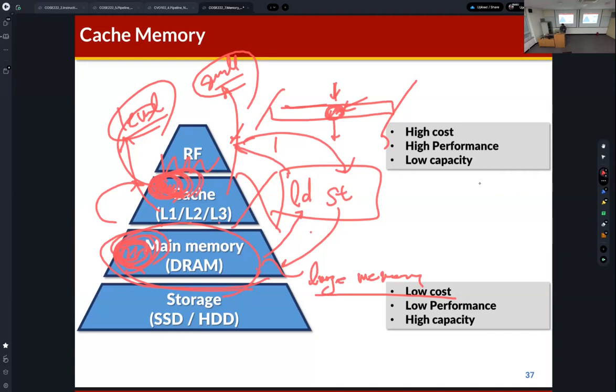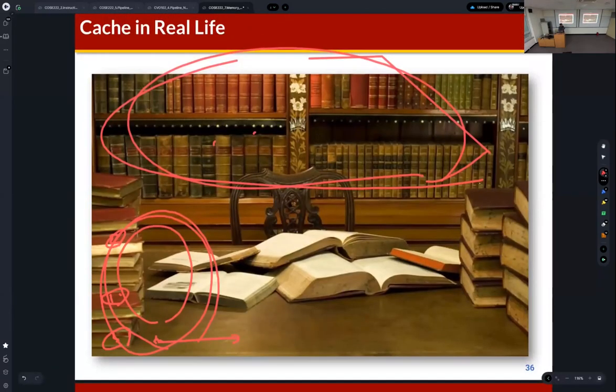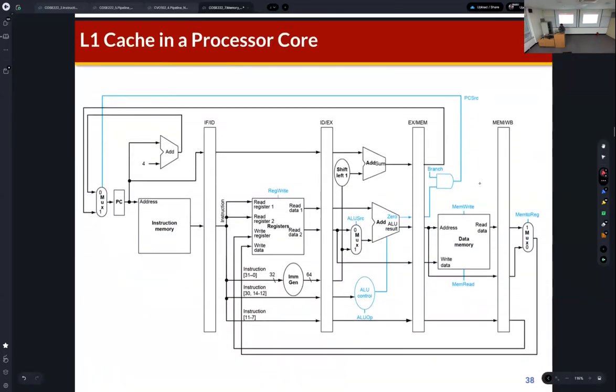The cache is here, like this. So we can use this analogy: bookshelf, desk, and a small number of books, the open books.